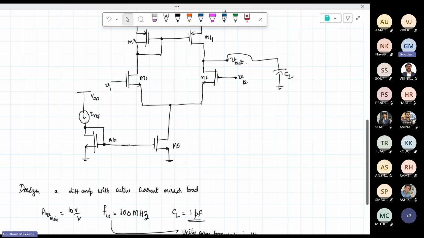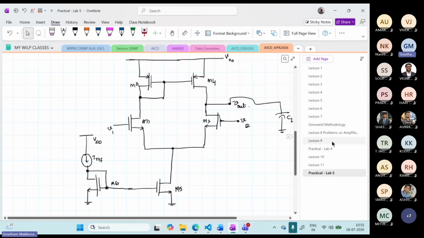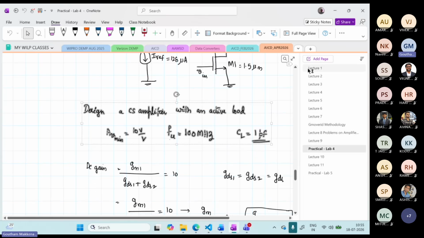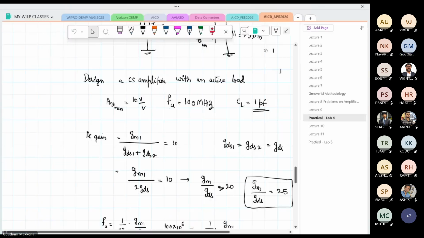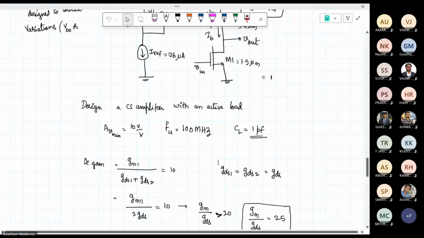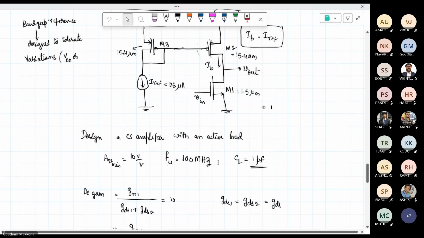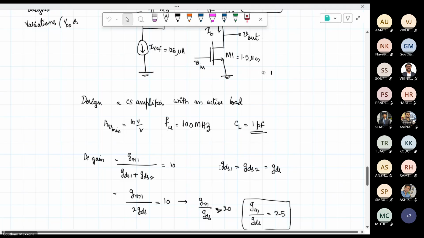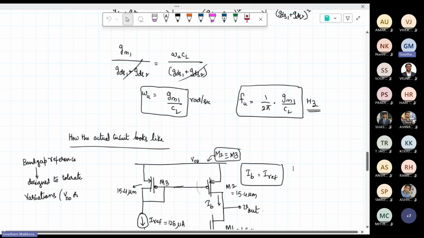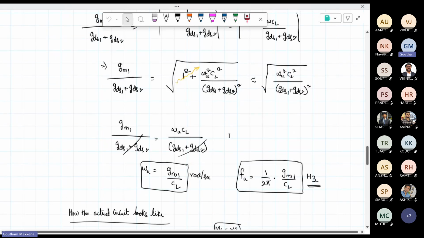So where do we start? Where did we start in the previous lab? What all did we calculate first? So we calculated omega u and fu.